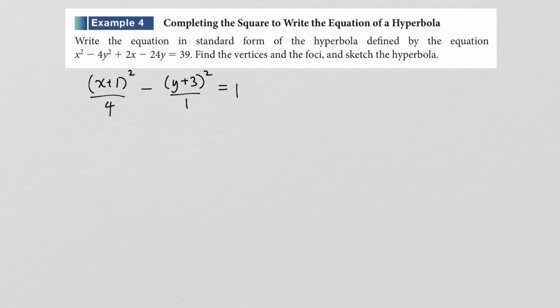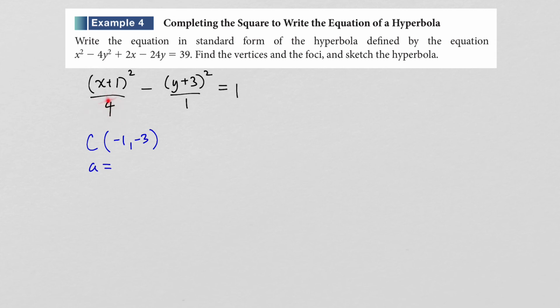And now from here, we should be able to get all the important information that we need to sketch the graph, find the vertices, the foci, etc. So let's start by recognizing that the center of this hyperbola will occur at -1, -3. Let's confirm that the value of a is the square root of this number.